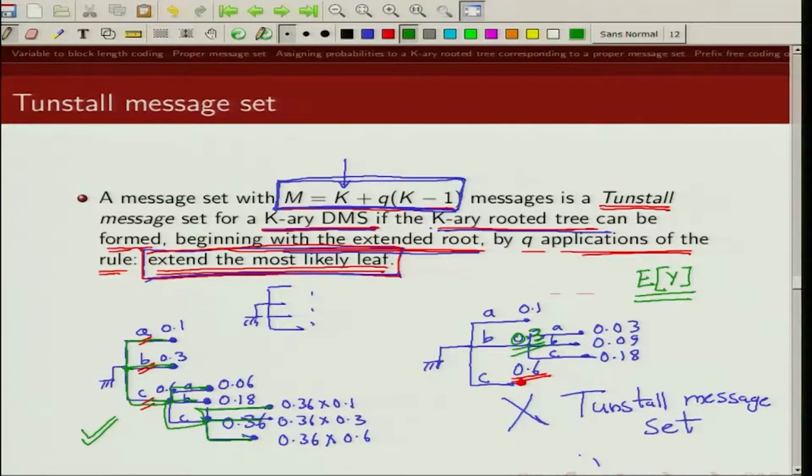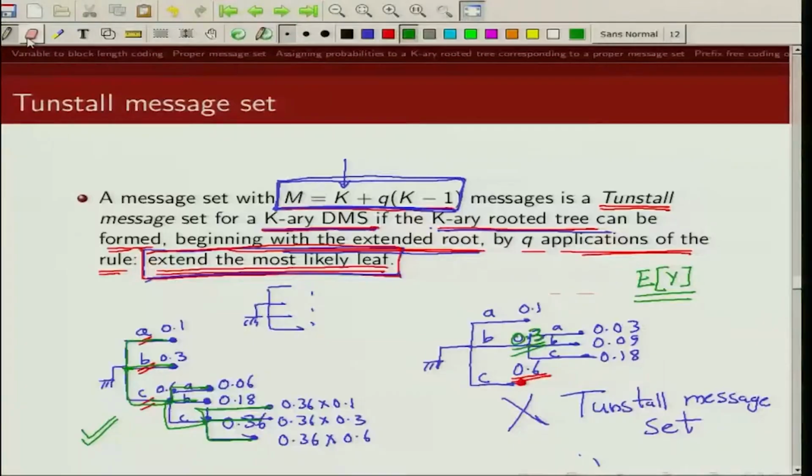From the path length lemma, the expected value of Y is nothing but the sum of probabilities of all nodes including the root node.